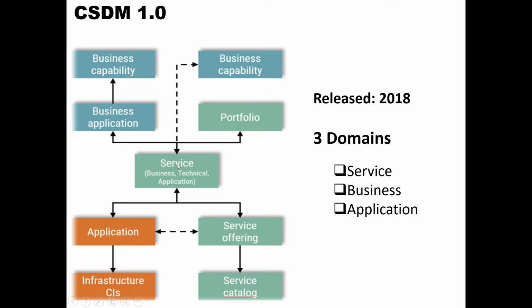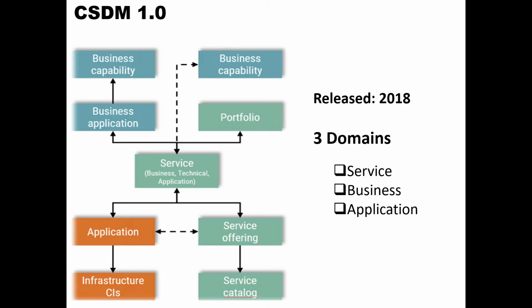But here they introduced the concept of business, technical, and application service. Business service means what we give to our consumer. Technical is the background, like deployment. And application, which application is being used, like email as an application I'm using, even though email is a business service as well. But what environment of the application are we using? So application service comes here. That is what was introduced here.